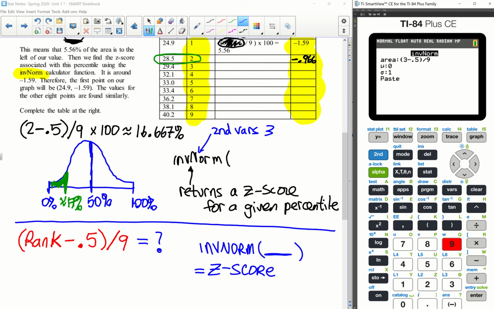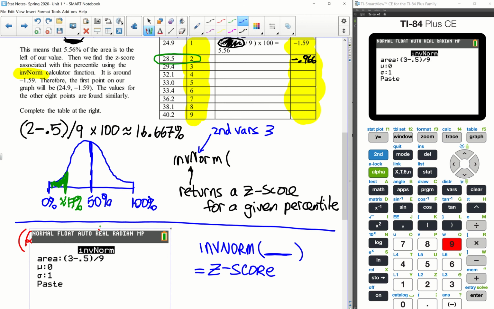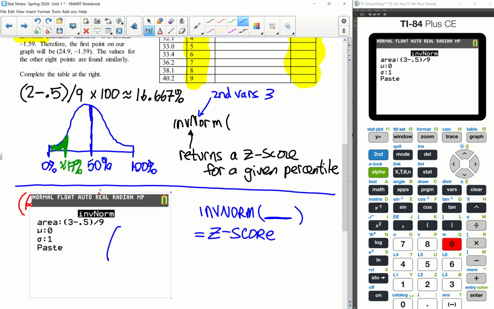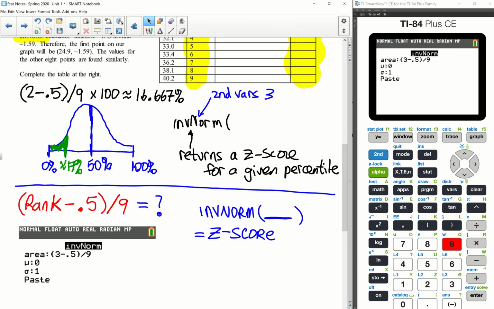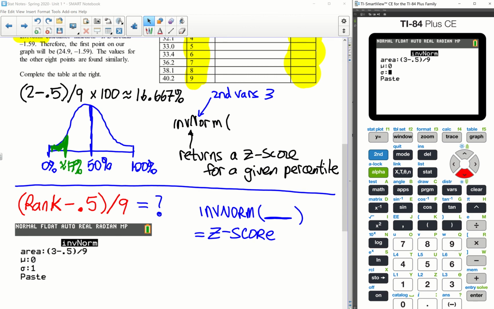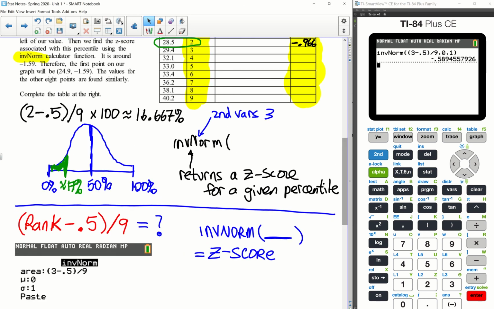Divide that by 9, but don't multiply it by 100. Then go to paste. It automatically populates in the 0 and 1. So if they're there or not there, it doesn't matter. If you're working with an old school calculator, you don't even need to put them in to begin with. Hit enter, and it'll give you the next entry. So it should be about negative 0.589.